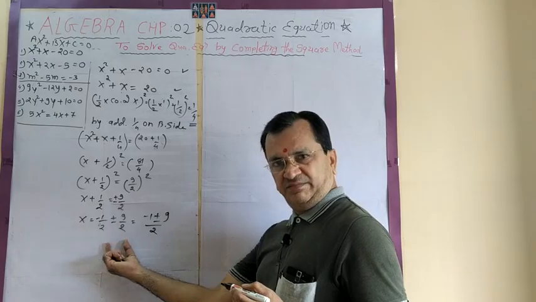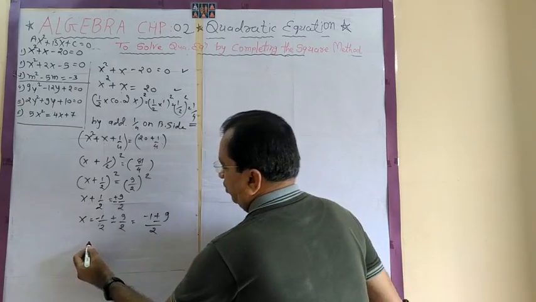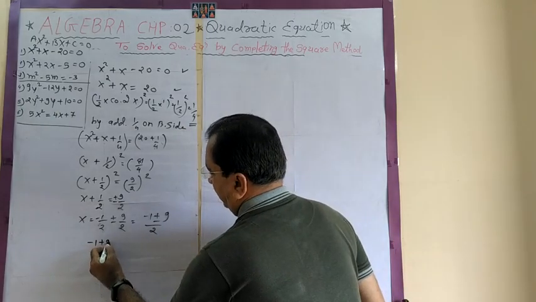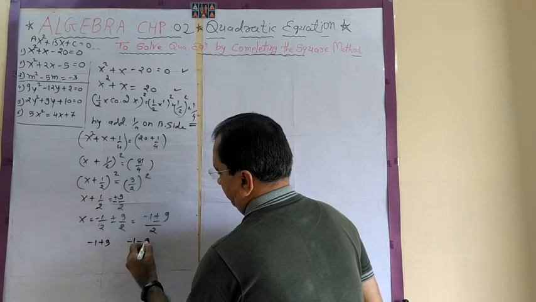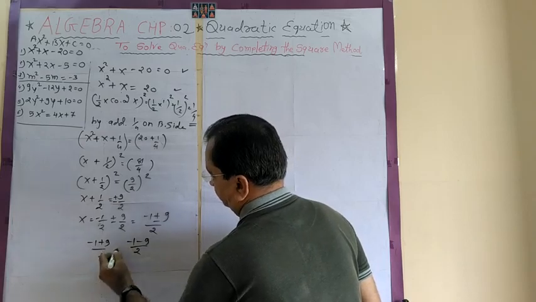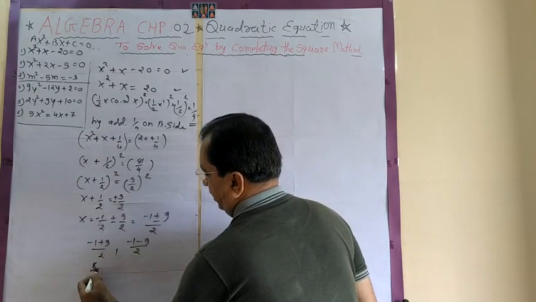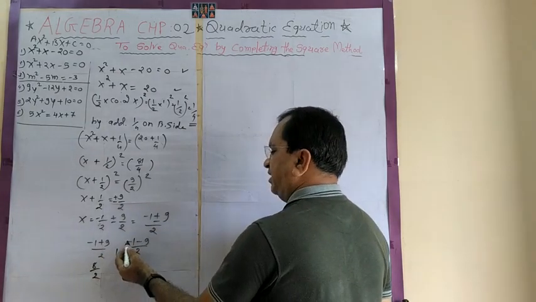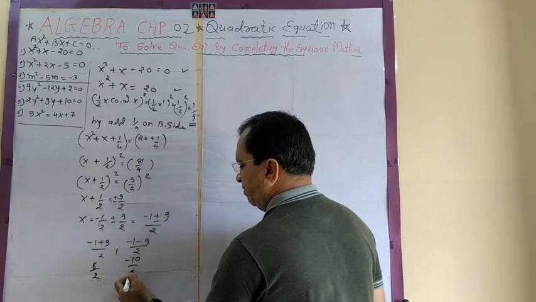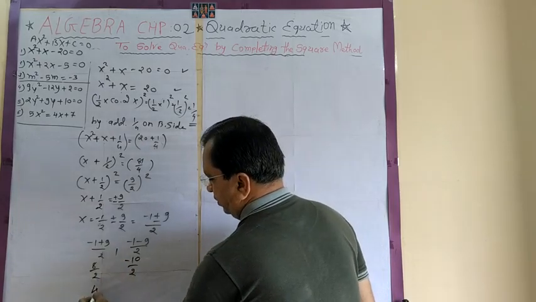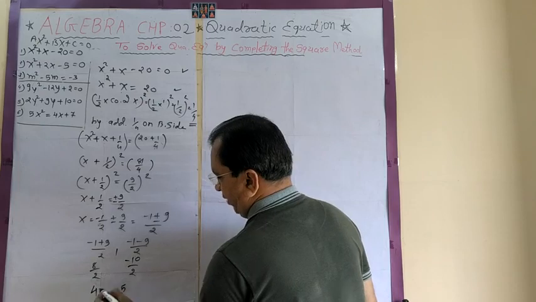Denominator same, so we can combine. So one time minus 1 plus 9, minus 1 minus 9 by 2. Now 9 minus 1, 8 by 2. Minus 9 minus 1, minus 10 by 2. This cancels, 4, 5.